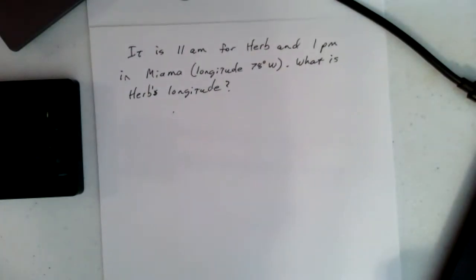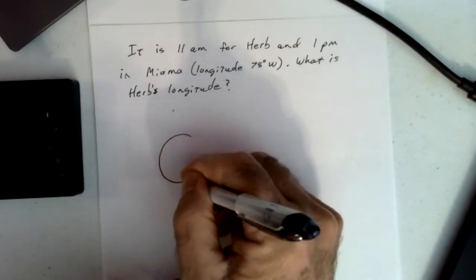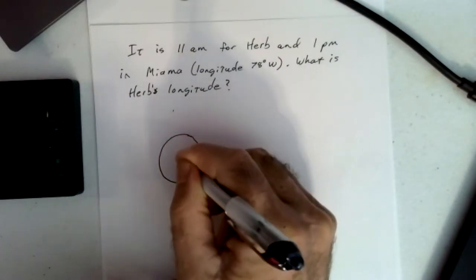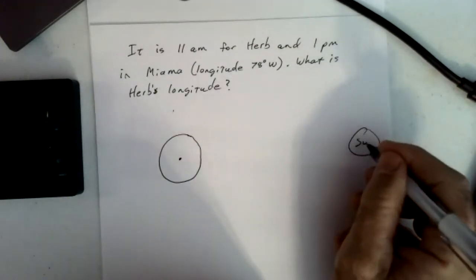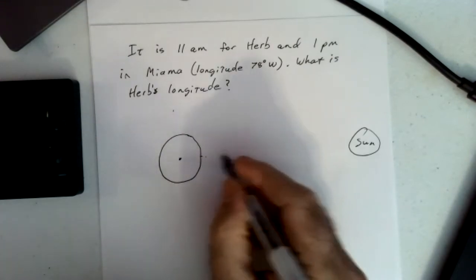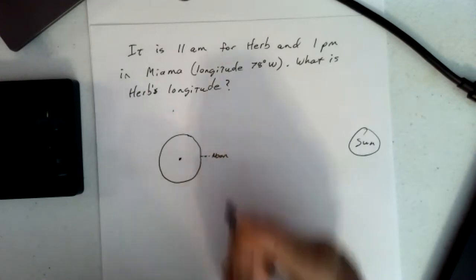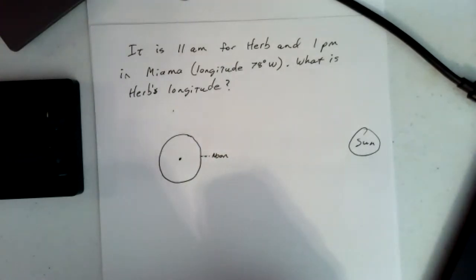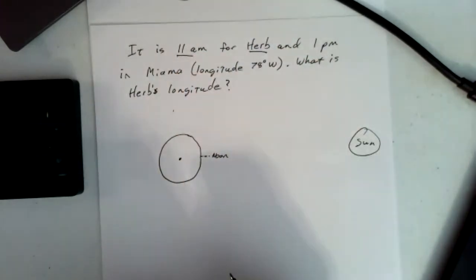All right, so to do these kinds of problems, we always draw the Earth, just like I was drawing before, and I'm going to put the sun over here, which means that the point directly below the sun is noon. But if I look at the problem, it says it's 11 a.m. for Herb.